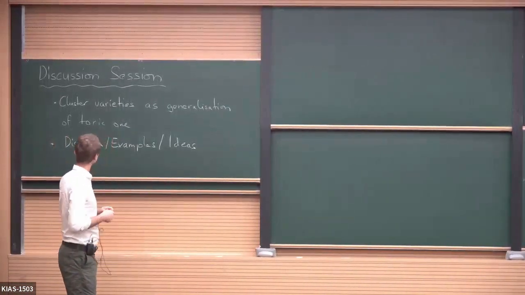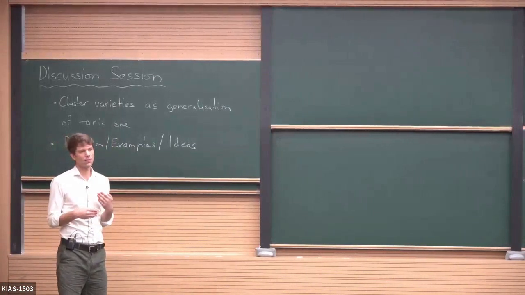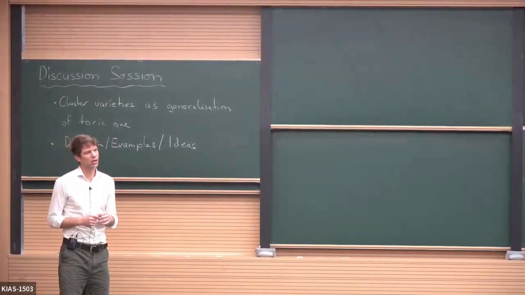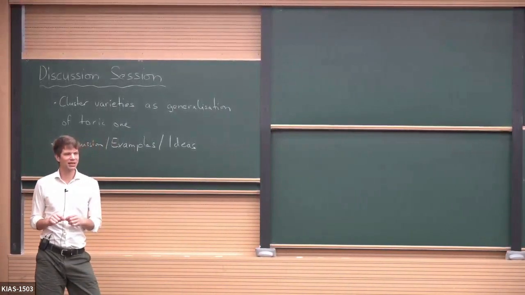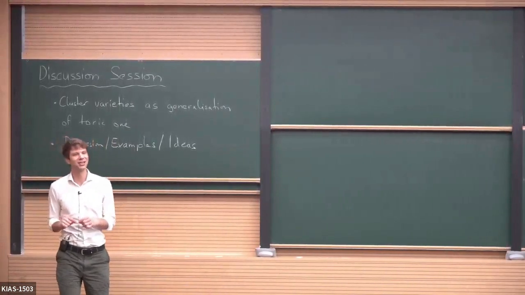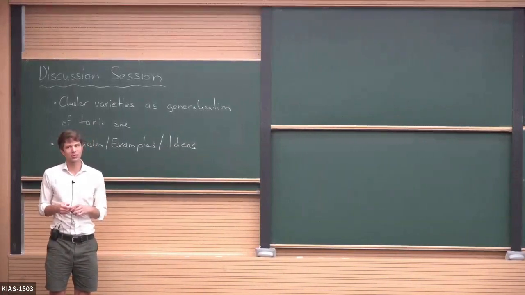So as you will have noticed, we didn't get as far as I would have wanted, but I have the permission to jeopardize the discussion session and maybe to move some of what I'm going to talk about to the discussion session.